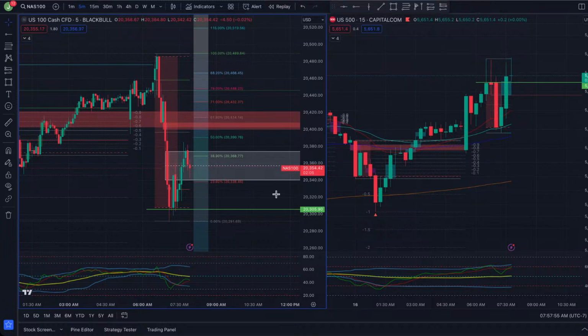Now keep in mind this could actually pull this down as well. We want to see what happens. That's why this is a better place to make that well-informed decision. All we're seeing here is rejection, rejection.